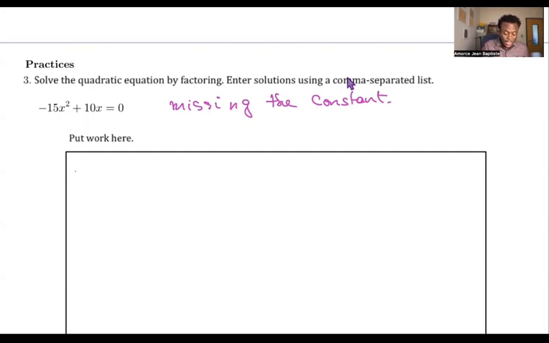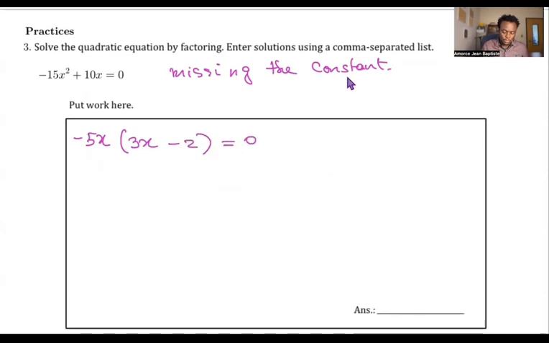So let me factor negative 5x out. So that would be 3x minus 2, right? Equals 0. So that's one factor, and that's another one. We can use the zero product property, negative 5x equals 0, or 3x minus 2 equals 0.